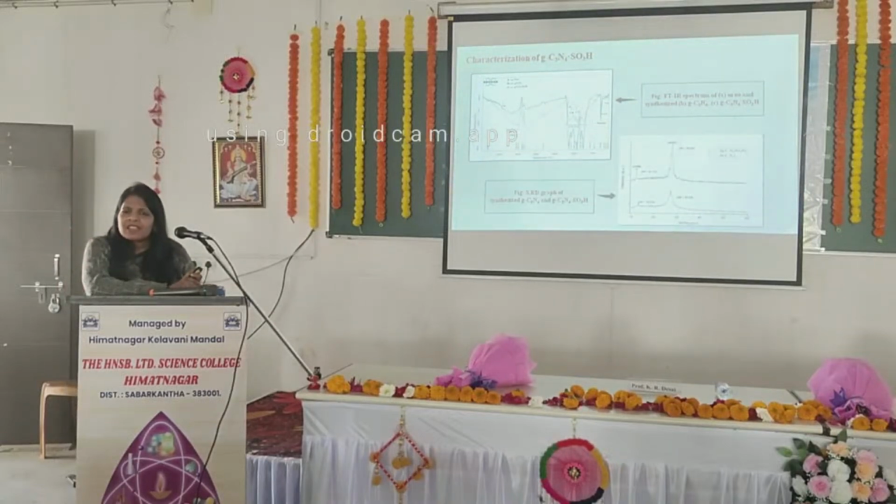Then we performed the XRD studies. In XRD, two peaks were found at 12.17 and 27.92. The first peak is due to the repeating phase of the monomers, and the second peak, that is 002, is due to the adsorption of sulfonic acid on the layer, that is the interlayer spacing was covered with this.